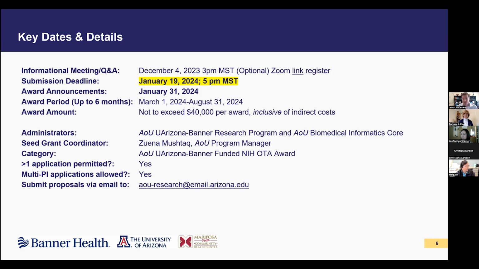Now, to reward you for that very tight timeline in terms of application, we will be awarding these very quickly after we actually receive them. And then the award period is going to be March 1st, 2024 to August 31st, 2024. Again, we recognize that this is a fairly condensed period in terms of a grant RFA. It's 6 months.